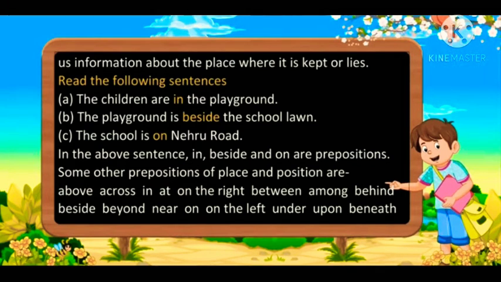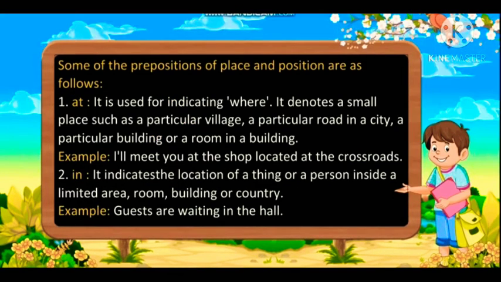So by all these words, you can come to know about some place or position of any object or any given noun in a sentence. They show us the place or position, that's why they are called preposition of place. Some of the prepositions of place and position are as follows.